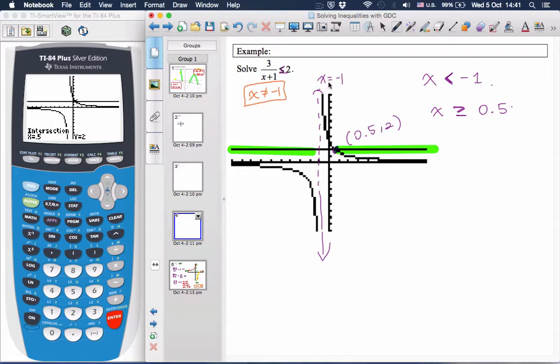Also, you can see from the graph that x equals -1 is our vertical asymptote. That means this graph is never going to touch -1, so it shouldn't be equal to -1. Over here, they intersect. At x equals 0.5, the two sides are actually equal to each other, so that point counts.